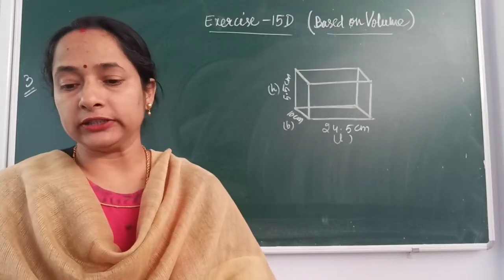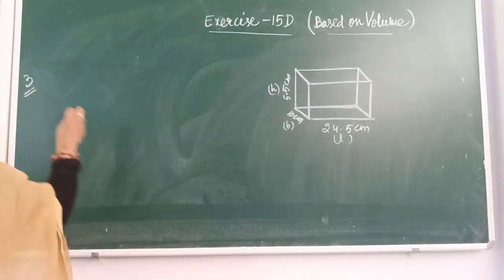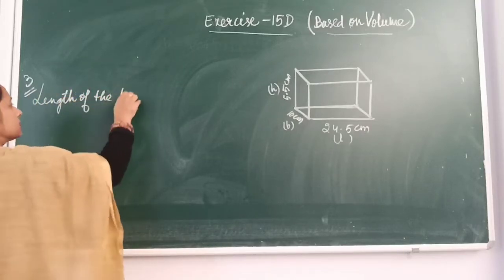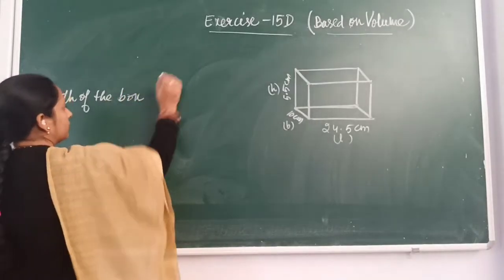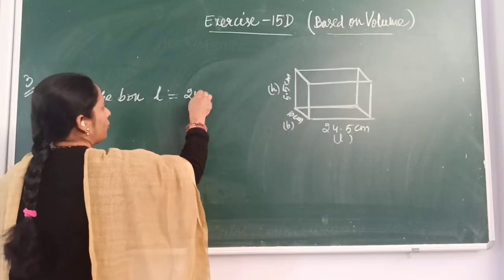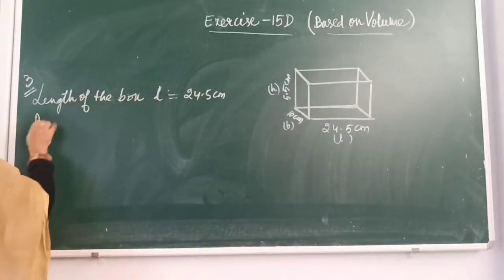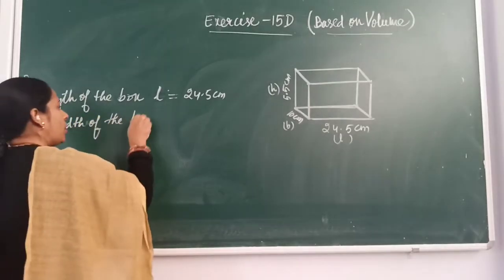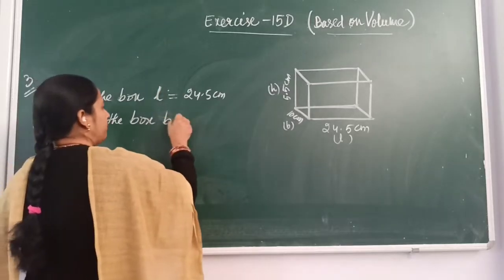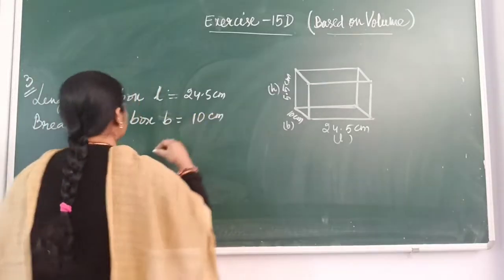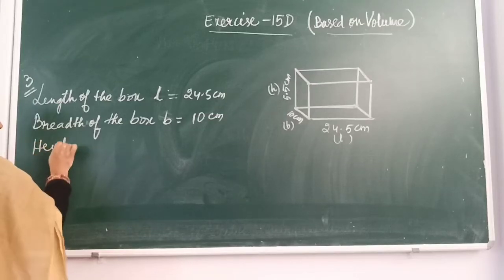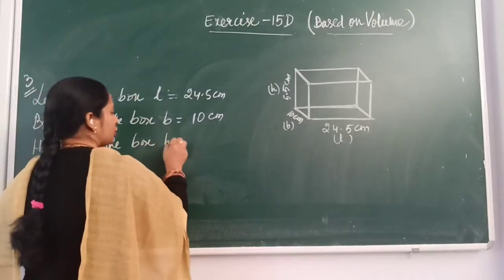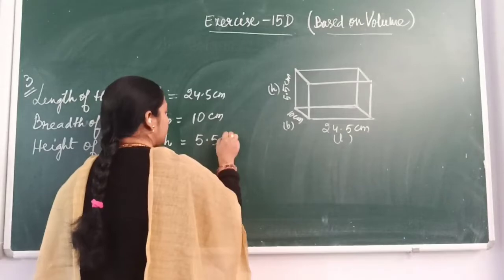We can write the statements as: length of the box, L, is equal to 24.5 centimeter. Then breadth of the box, B, will be equal to 10 centimeter, whereas height of the box, H, will be equal to 5.5 centimeters.